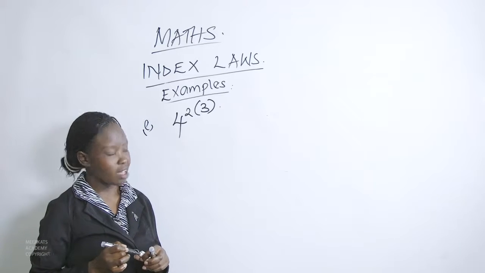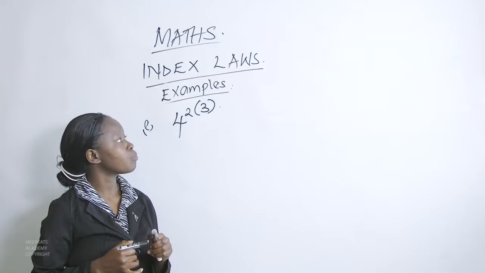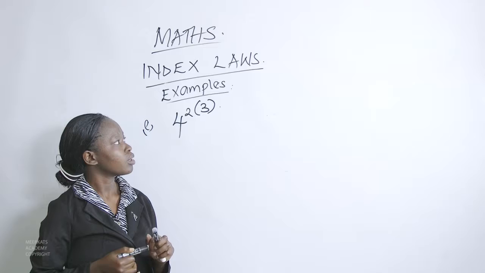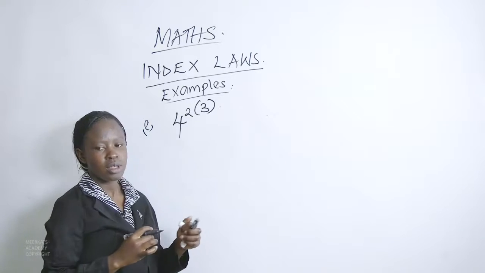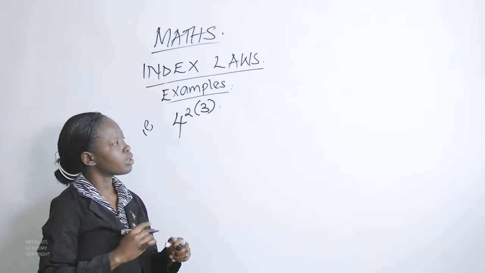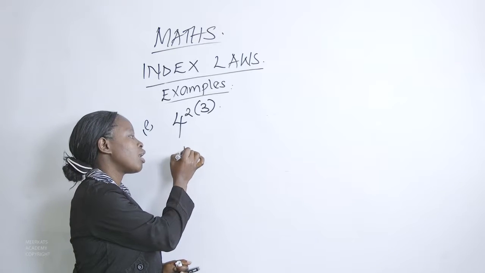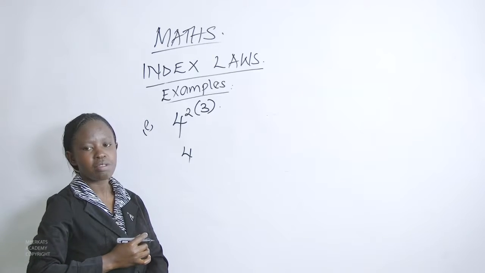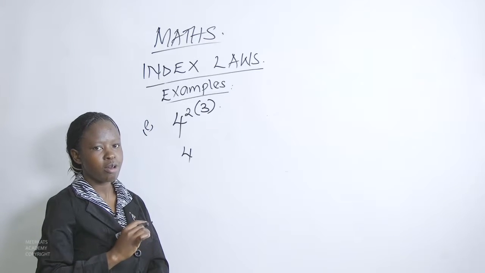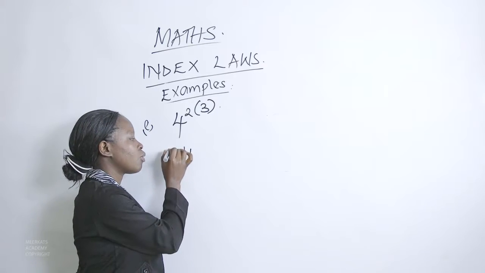Another example we have is 4 to the power of 2, and also to the power of 3. So we have a power of a power. When we have a power of a power, it simply means we multiply the powers for us to get the required solution.